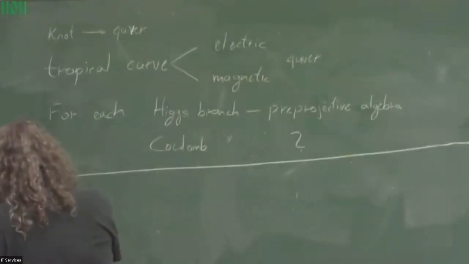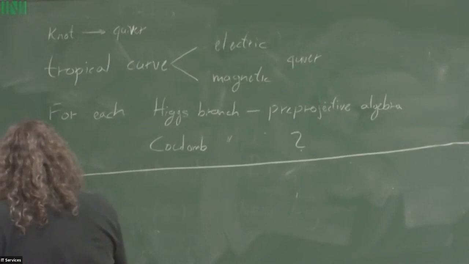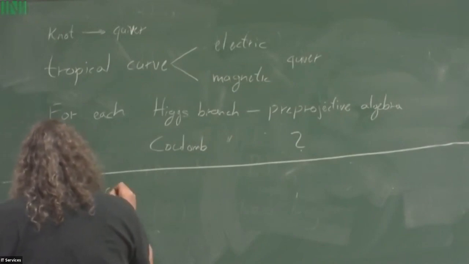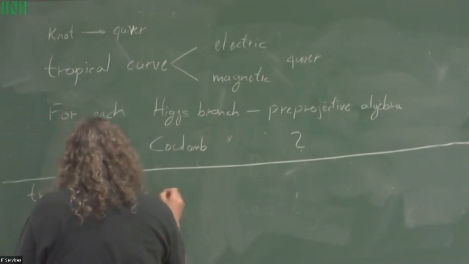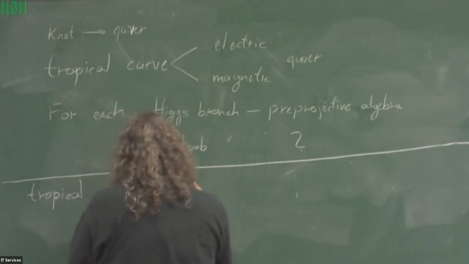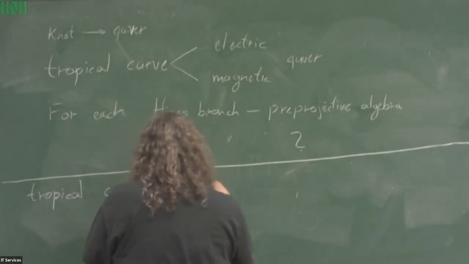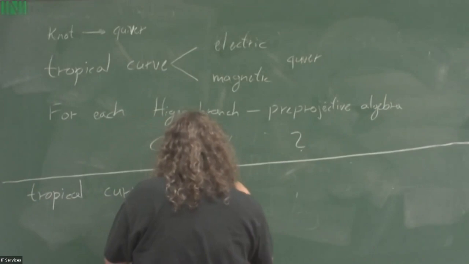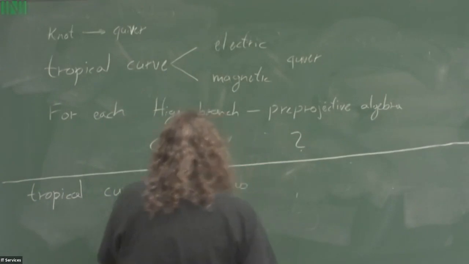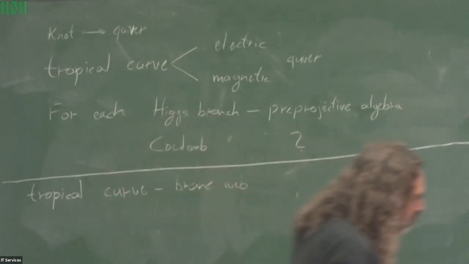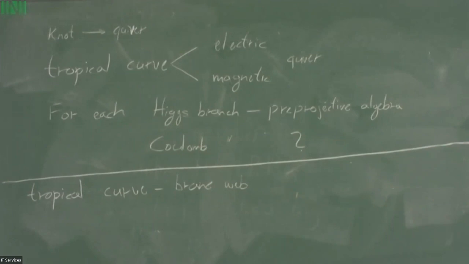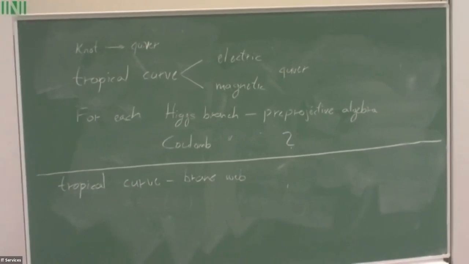Now the tropical curve. Let me just put the name in physics. It's called a brane web. And it has a few simple definitions. We studied this back in '97 because we were interested in understanding dynamics of branes in string theory.